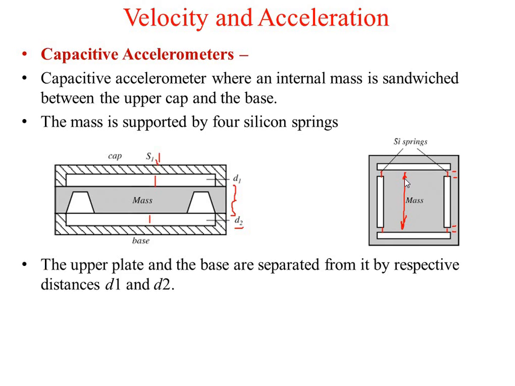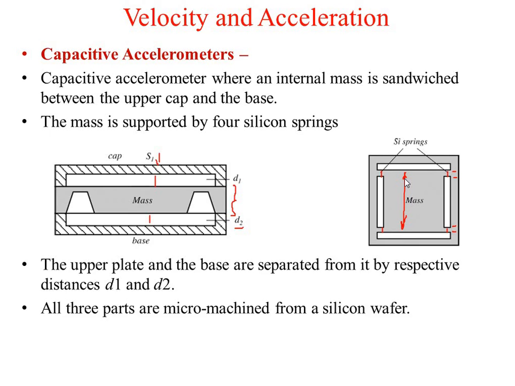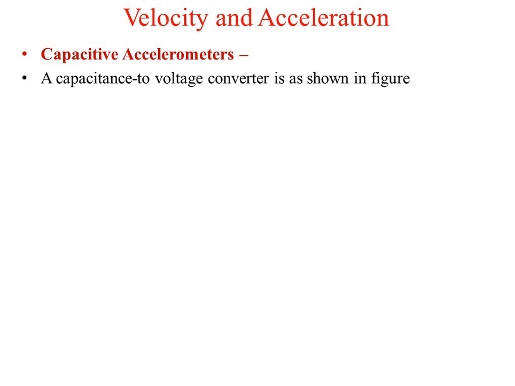So the upper plate and the base are separated by their respective distances d1 and d2. The three parts are micro machined. These capacitors or sensors are generally manufactured by micro machining from silicon wafer, and a capacitance to voltage converter is required.